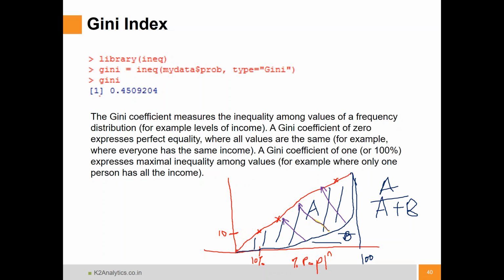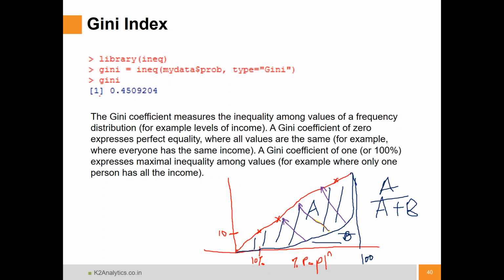Yeah. High Gini. Why high Gini? No, the higher the wealth, the higher the Gini. No. Why do you want high Gini? We want high Gini because our entire modeling objective is to give low probability to customers who are not going to respond and high probability to customers who are going to respond.